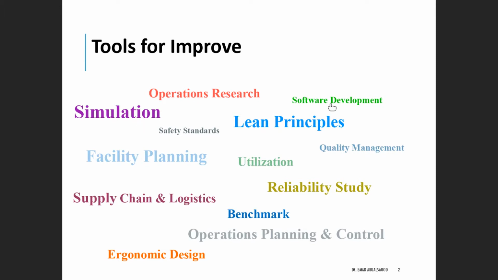Software development, you can end up developing a software package. Nowadays, with the Internet of Things widely applied, a smartphone application can be an improvement method or improvement tool. You can use it in the improve phase to reduce variation in the process. An example is the Tawakkalna or Abshir applications that we use in Saudi Arabia.